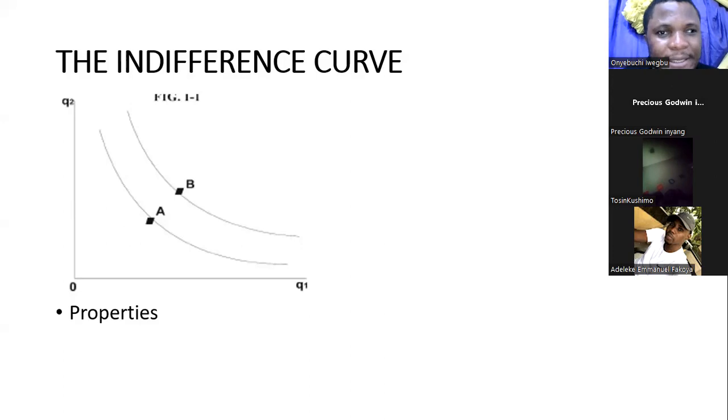So let's plot a simple indifference curve on our board. So I have this and I have this. I'm making an assumption that there are two goods I'm consuming.